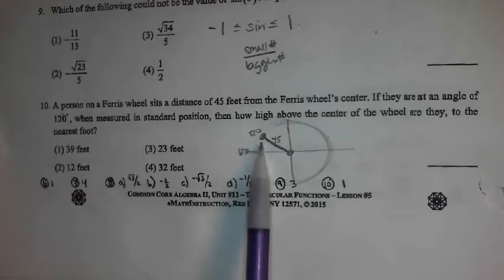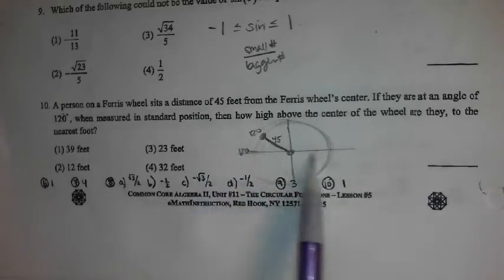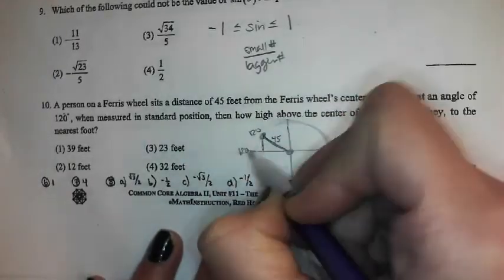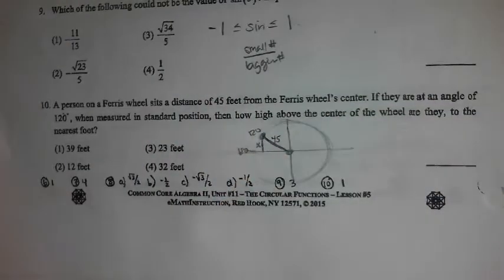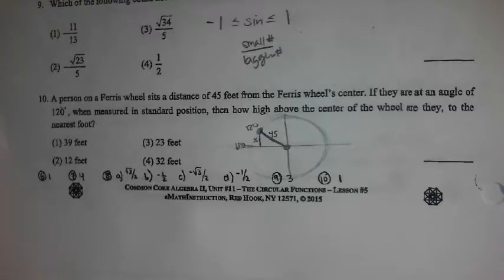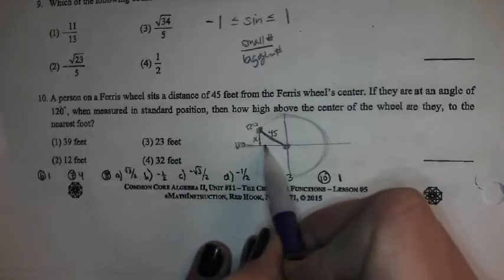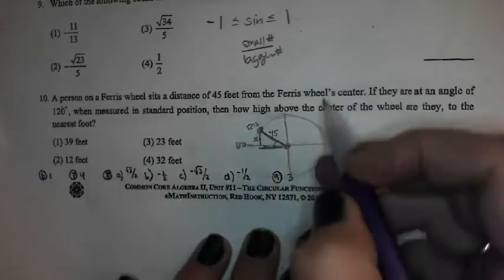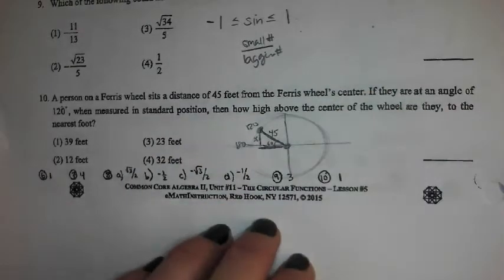They want to know the height above the center. Here's the center line of the Ferris wheel. They want to know how high above that they are. So they're essentially looking for that. Are you with me? Okay, so we have a triangle, and what's this reference angle? 60. So we would just use a little SOHCAHTOA here.